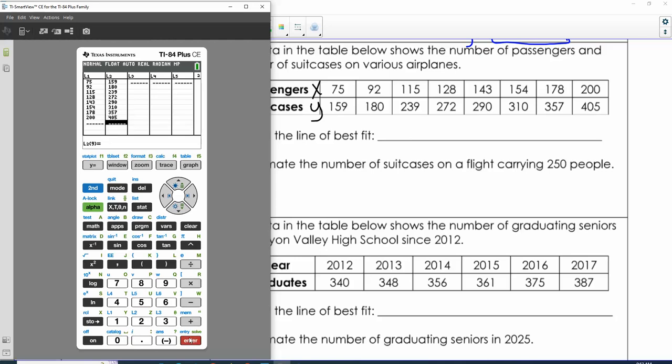When you get to the end, these lists should be the same size because we essentially put in ordered pairs.